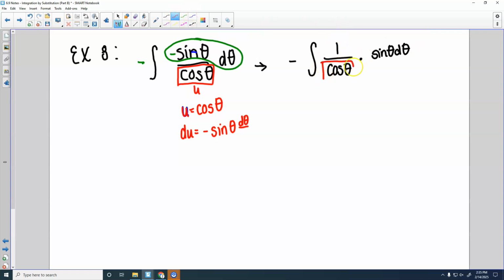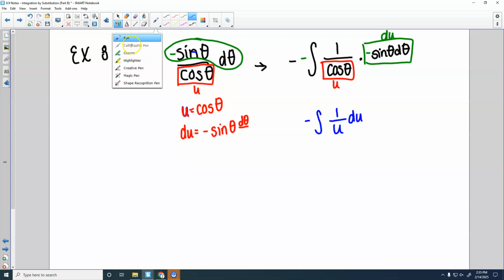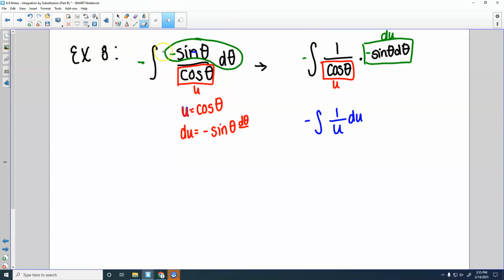And that's why we don't want to do that, because we can't deal with that. So this is my u. Put my negative out here, put my negative right here. This is my du. And so I would get negative integral of 1 over u du. Oh, I've got 2 negatives right there.